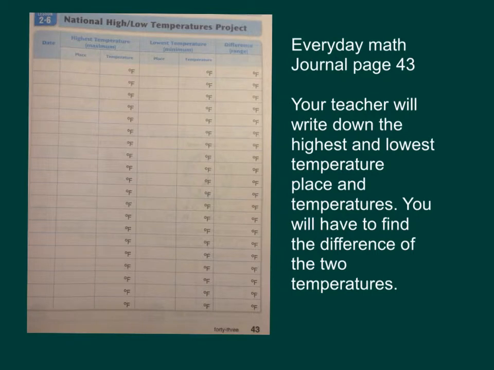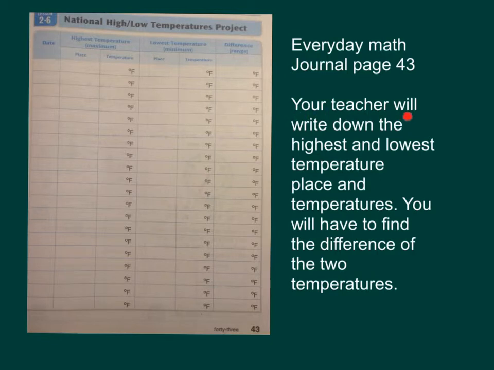Boys and girls, this is a perfect time, since we're talking about temperatures, to introduce our National High-Low Temperature Project. Throughout the year, once a week, you'll be filling this in, very similar to the sunrise-sunset chart. This is found in your Everyday Math Journal, page 43.